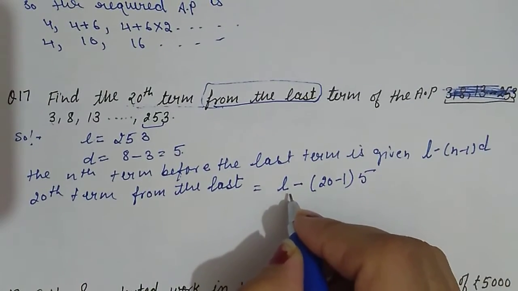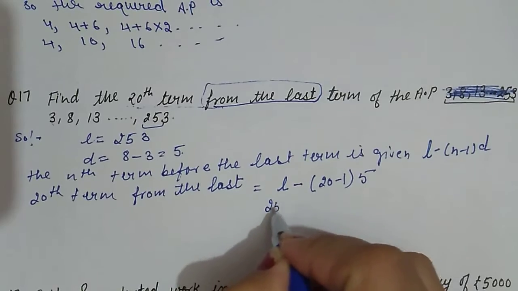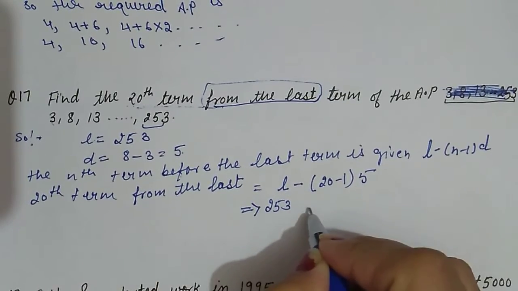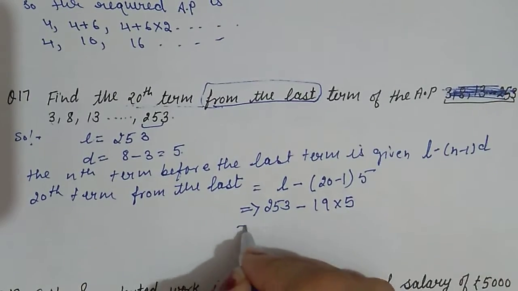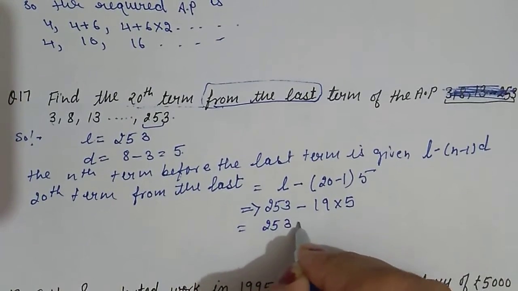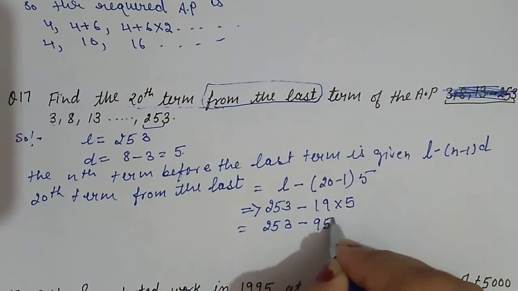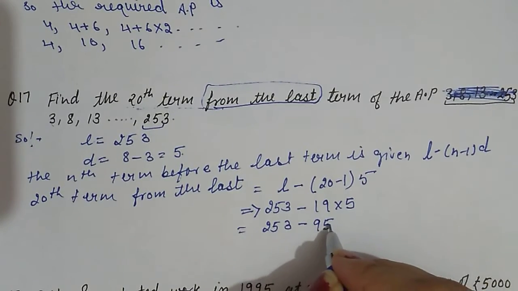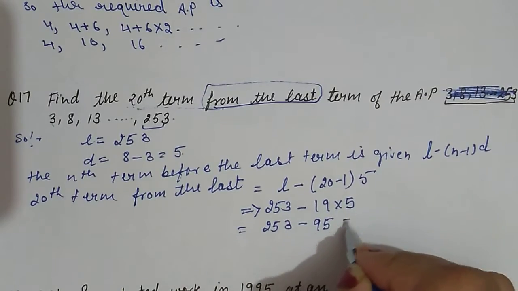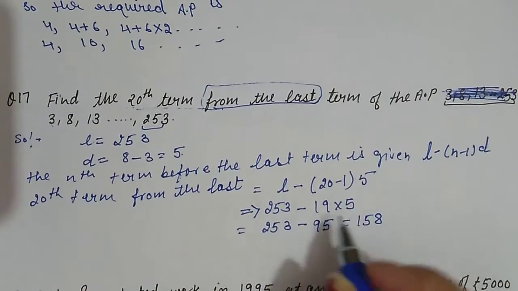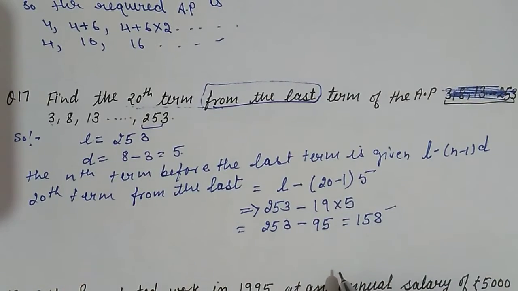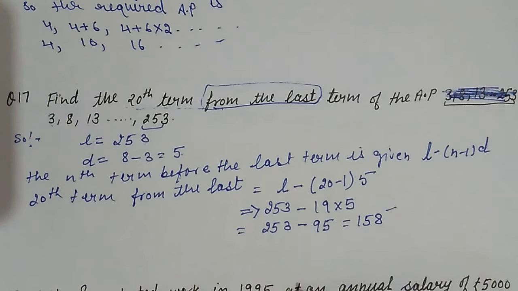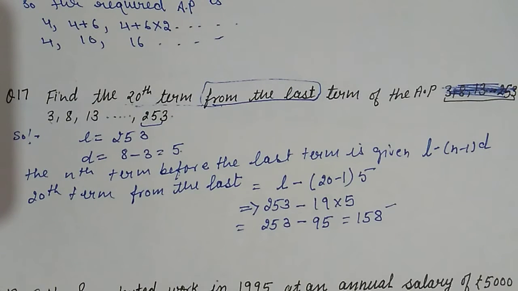L is given to you, that is 253, minus 19 into 5. 19 fives are 95. When we subtract 95 from 253, we will get 158. It means the 20th term from the last is 158.